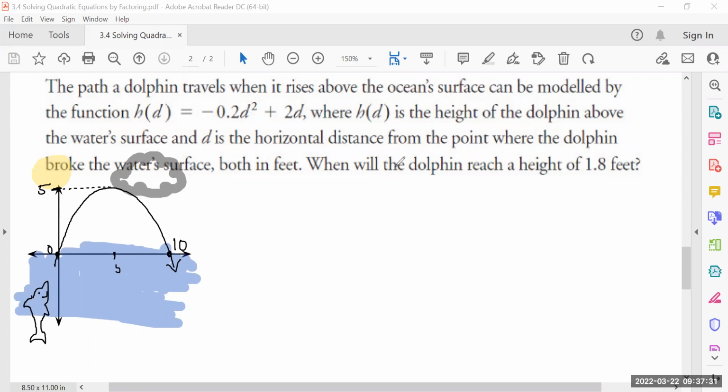The question, though, asks, when will the dolphin reach a height of 1.8? Read the question carefully. Is the height a d value, or is the height the value on the left side of the equal sign?